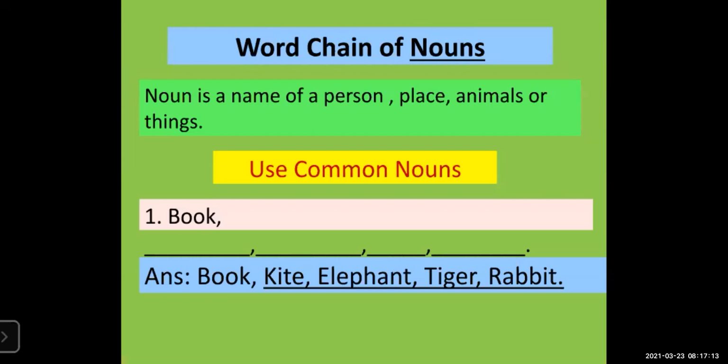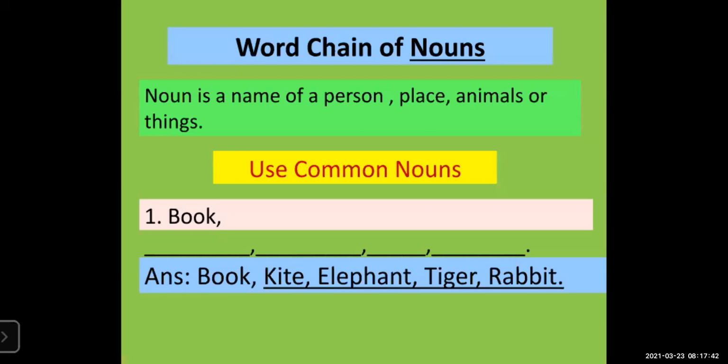If the question asks to complete the word chain with proper nouns, for example Mumbai, then from I you can start any name of a place, for example Indore. Then from E you have to start.